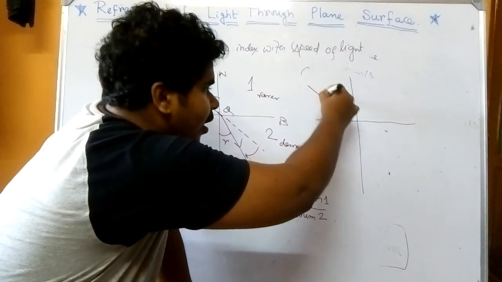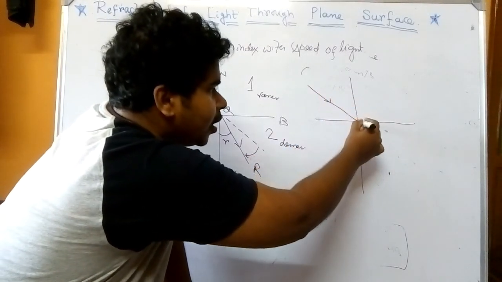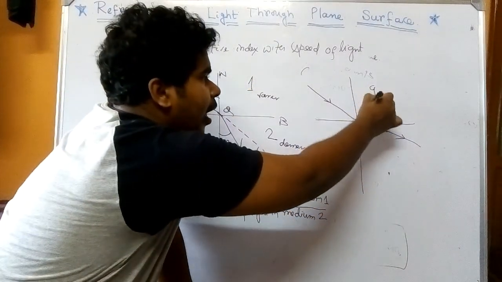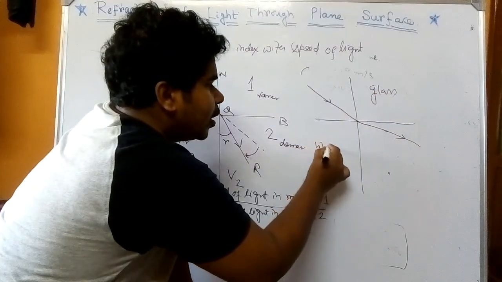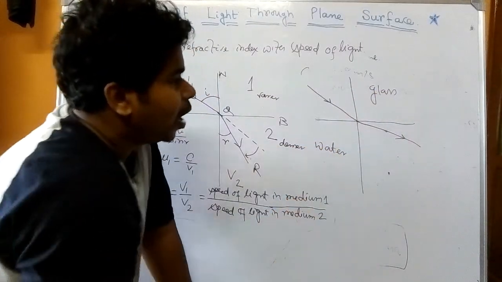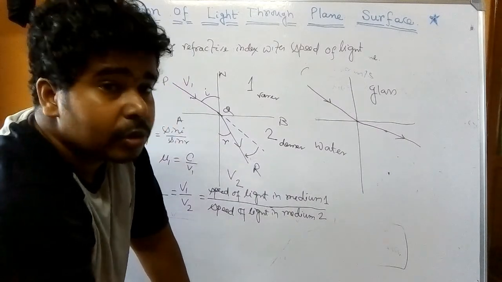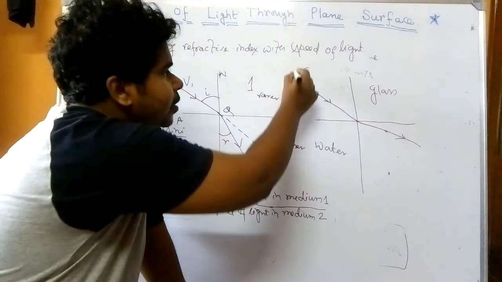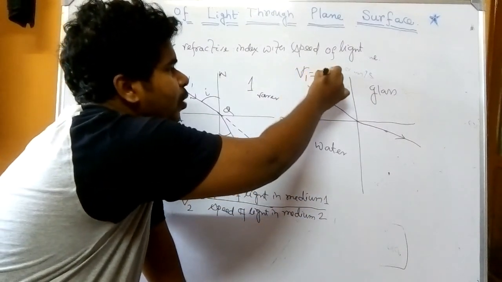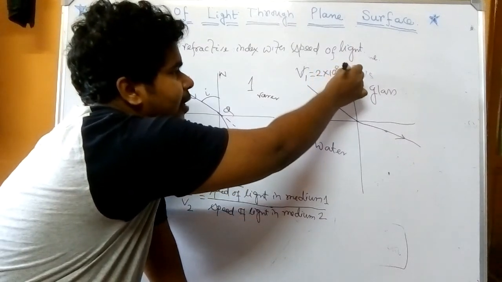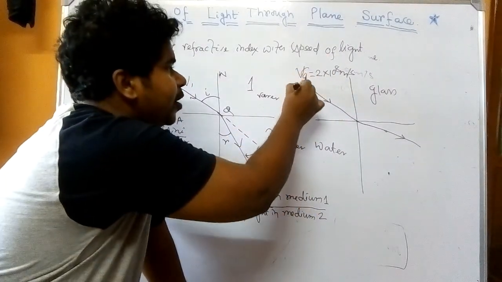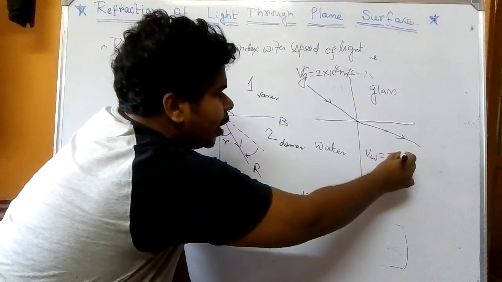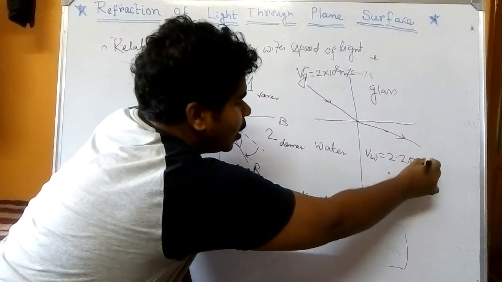So when the light ray comes here, it will deviate away from the normal a little bit, because it is glass and it is water. Generally we know the glass is optically denser than water. What is the speed of light in glass? The speed of light in glass is 2 × 10^8 meter per second, Vg, as we have just seen. What is the speed of light in water? Vw is 2.25 × 10^8. So a very little increase.